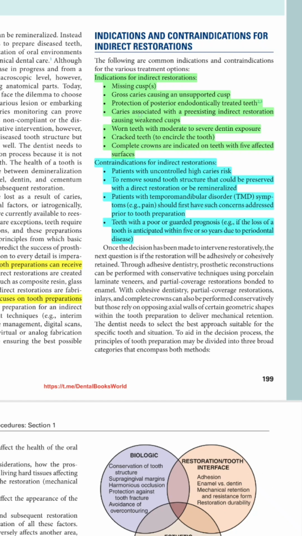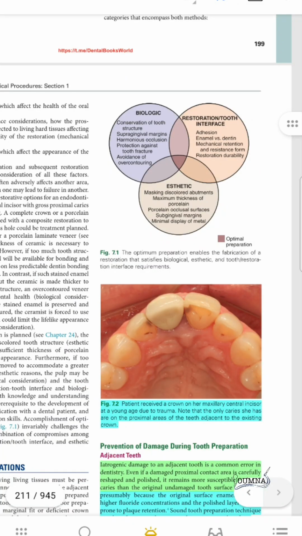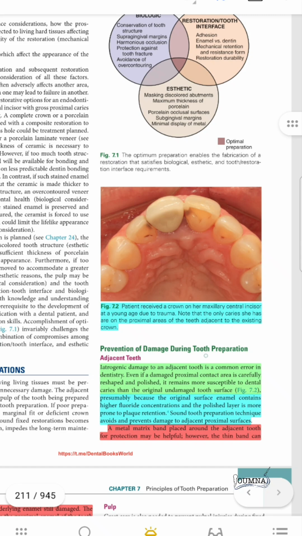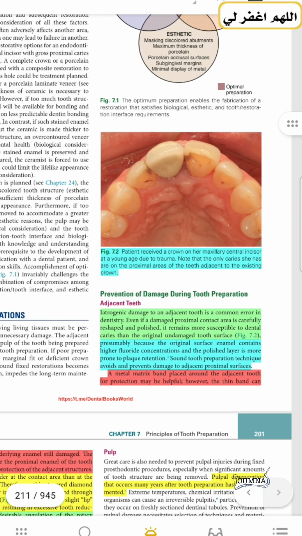cracked teeth. One of the most commonly seen caries is in the proximal areas of the teeth that are adjacent to an existing crown. There are two reasons for this.